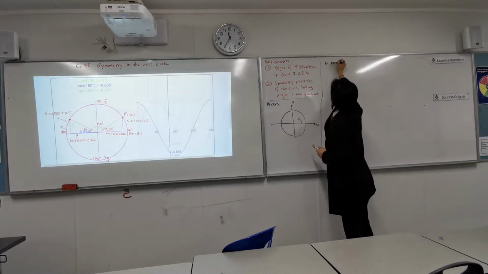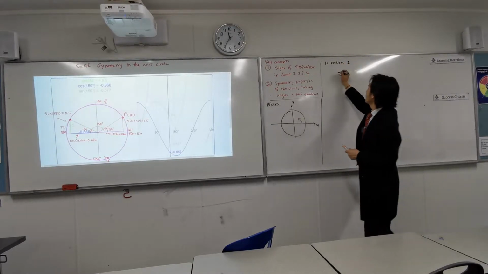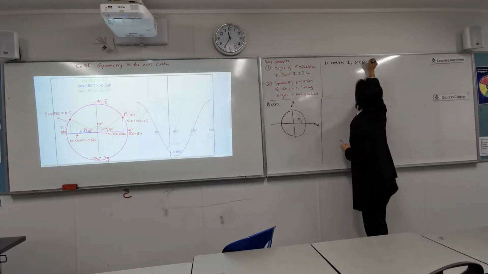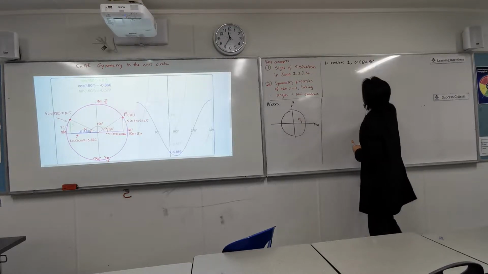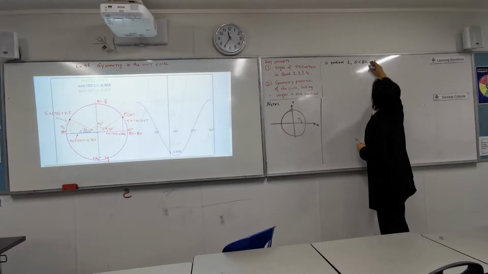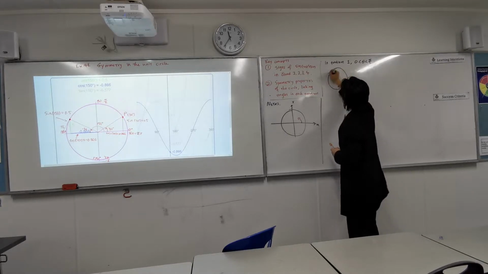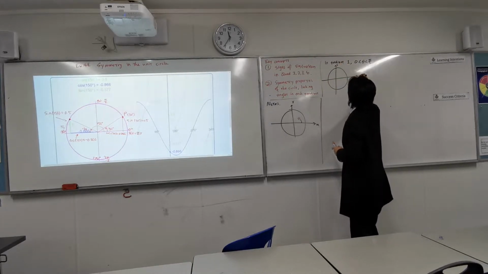In quadrant 1, and quadrant 1 is where our angle sits between 0 and 90 degrees. In fact, we'll maintain our usage of radians here, so it's 0 to pi on 2. Little unit circle, y, x.